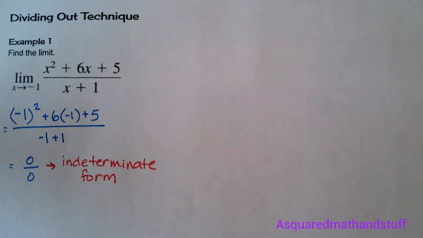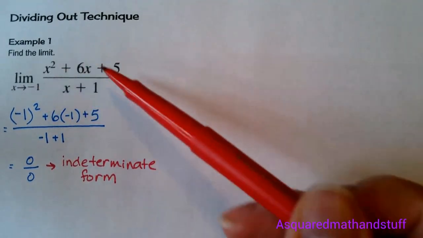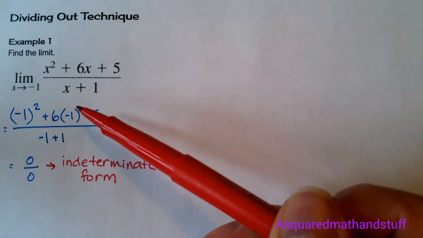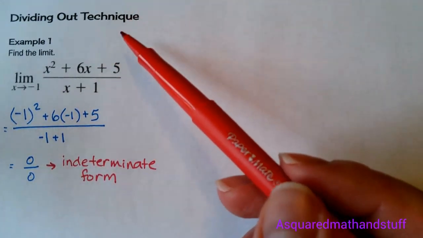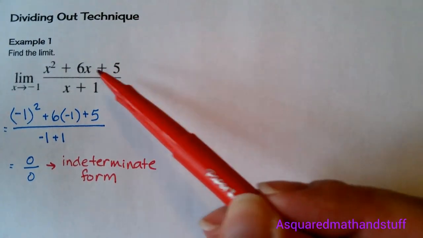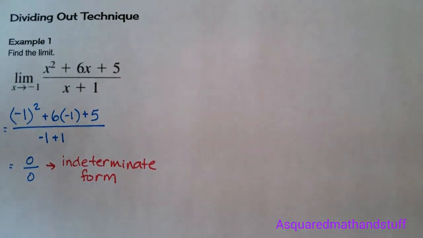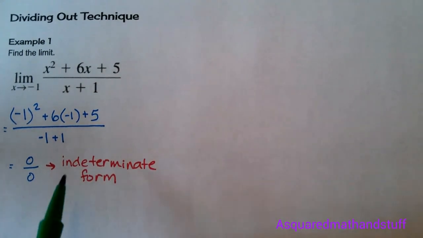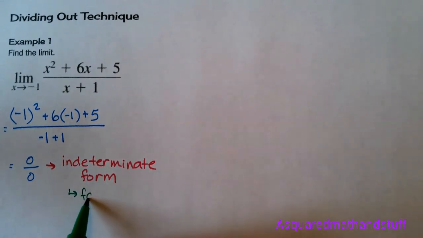Anytime we end up getting a 0 over 0, that is an indicator that we want to go back to the original function and simplify it and cancel it in this case. So we are going to factor our numerator, and hopefully something between the numerator and the denominator simplify out. So next step would be to simplify, factor and simplify.